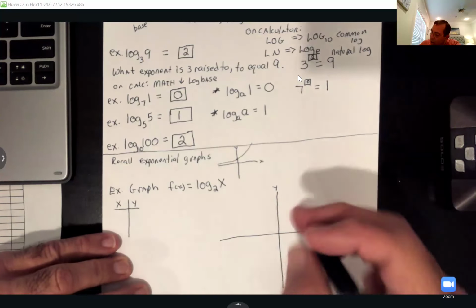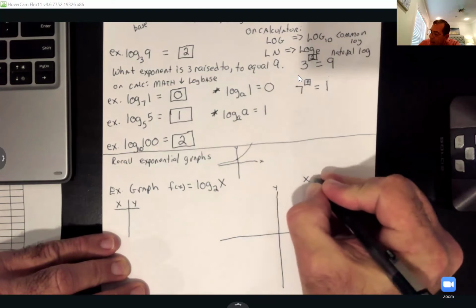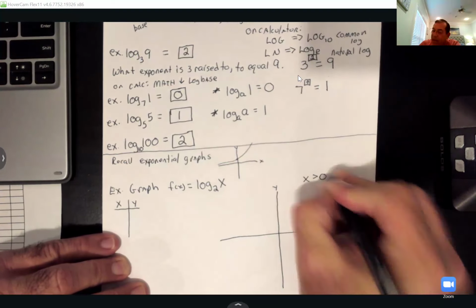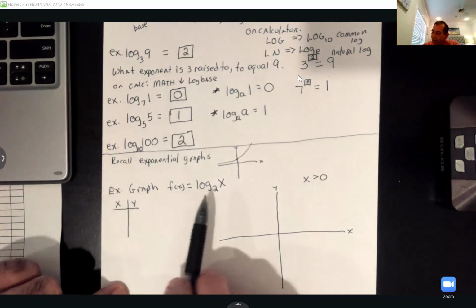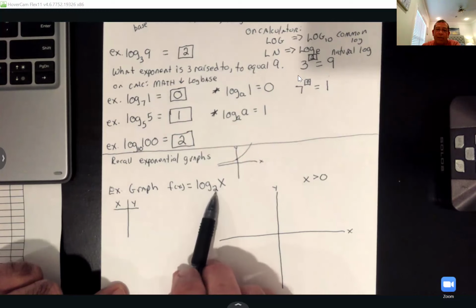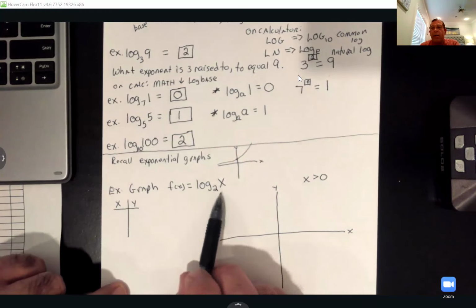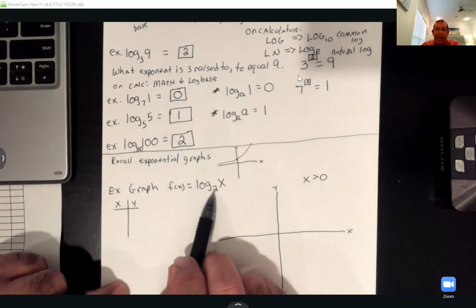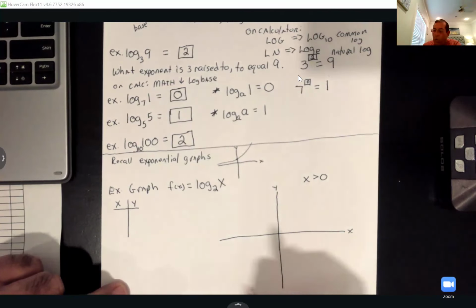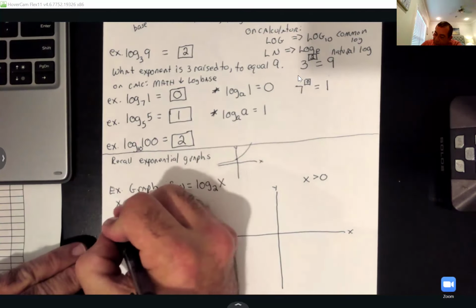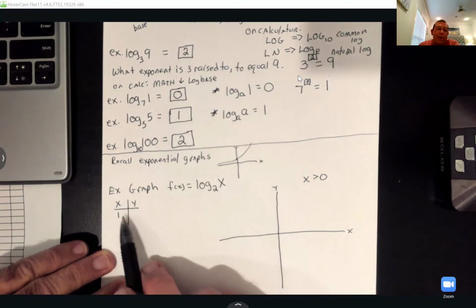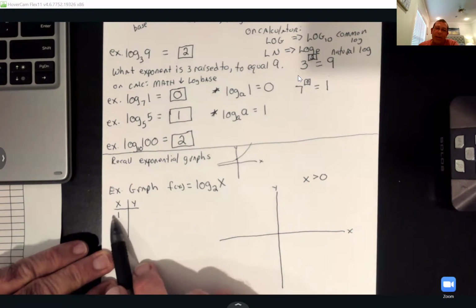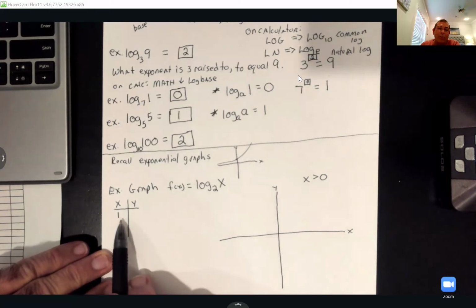So when you graph your logarithmics, your x's have to be greater than 0, okay? And y'all, if you punch in log base 2 of a -4, it's going to give you an error message because it cannot turn a 2 into a -4. So the smallest x I'll pick is a 1. Now, I mean, you could do fractions, but I don't really care about plotting fractions. So I'm going to start at 1.